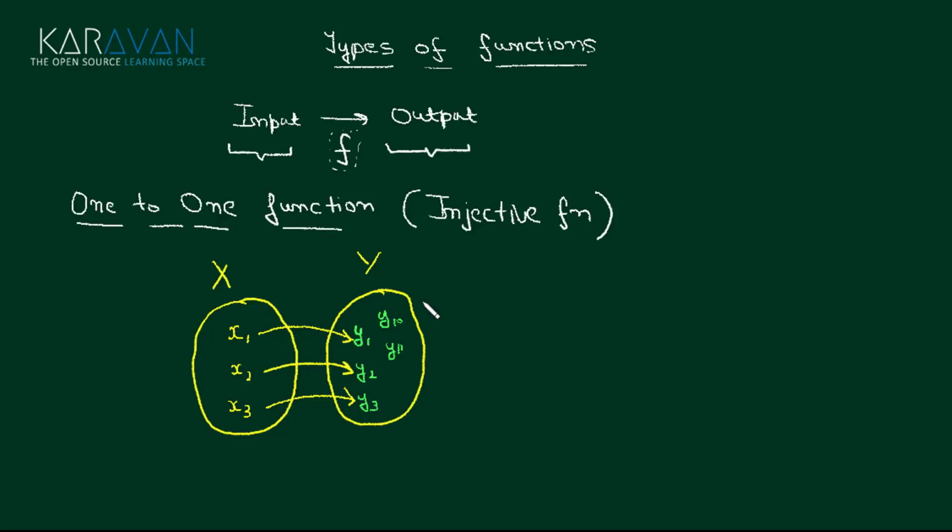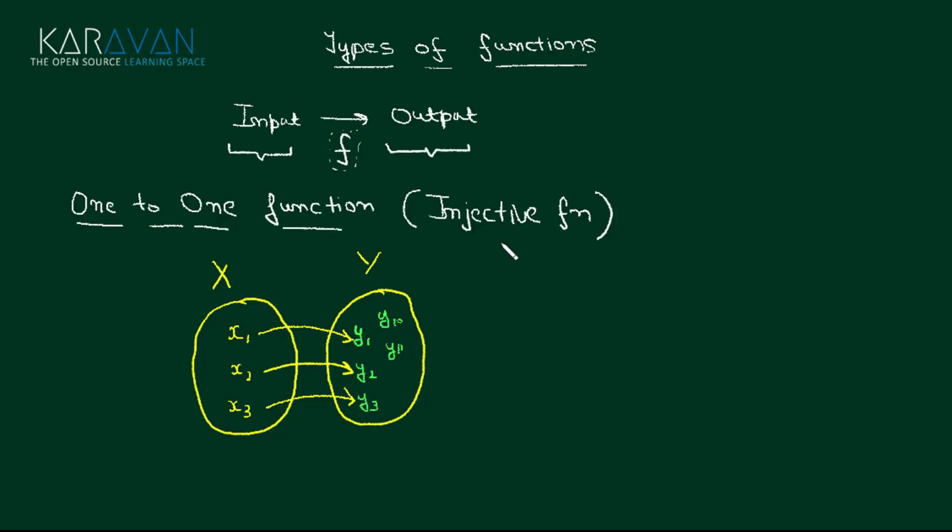Okay, let's understand it this way. For instance, you are organizing a party at your house. Set X represents the people you are inviting. Say you are inviting Mr. X1, Mr. X2, Mr. X3, and set Y represents the chairs that are available at your house. Say you have these many chairs.